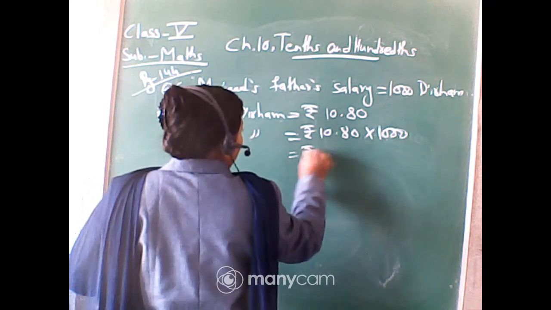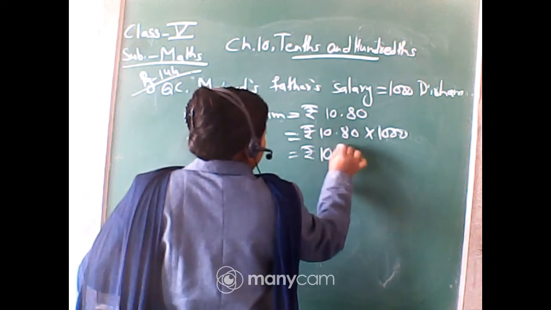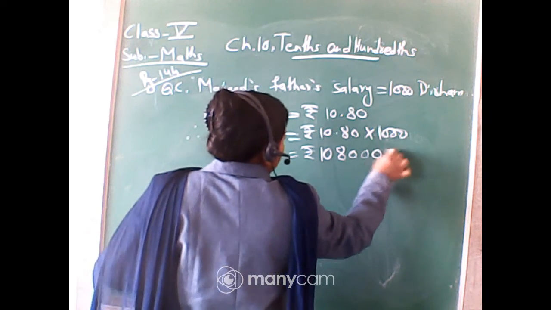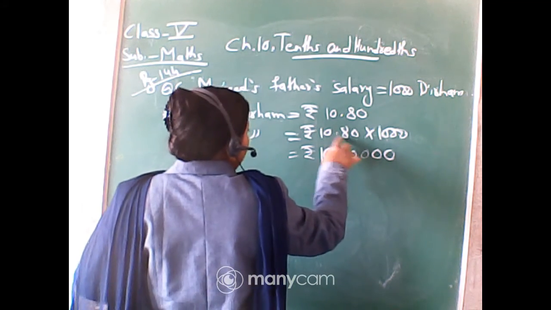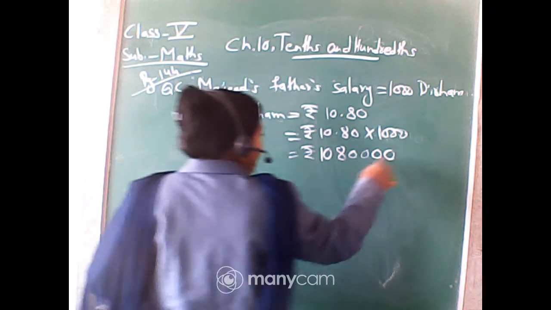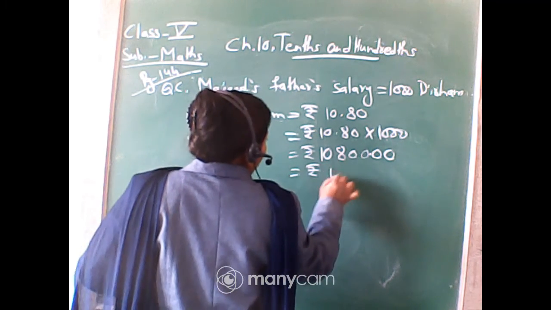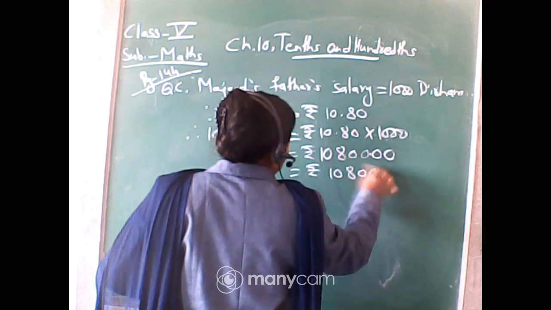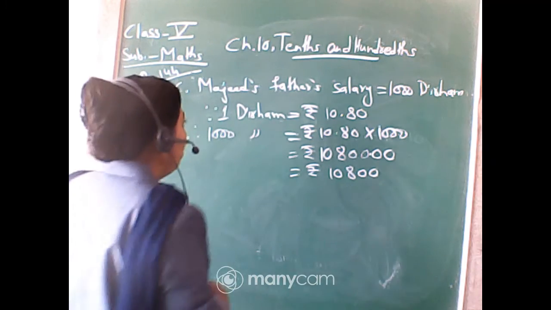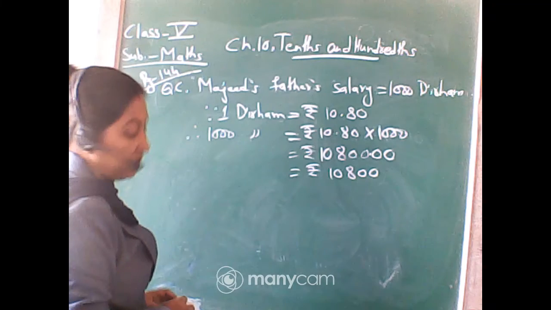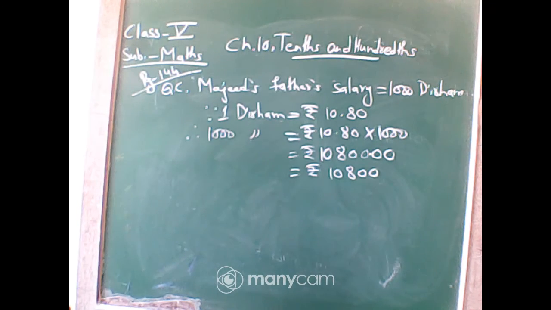This will be rupees 1080 and then 3 zeros, and here 2 digits and then the point. So here also 2 digits and then the point. That means rupees 10800 is the answer. Salary for Majid's father. Okay, it is the salary for Majid's father.